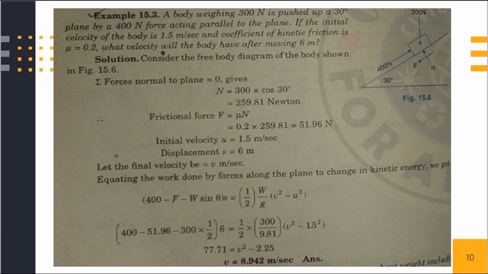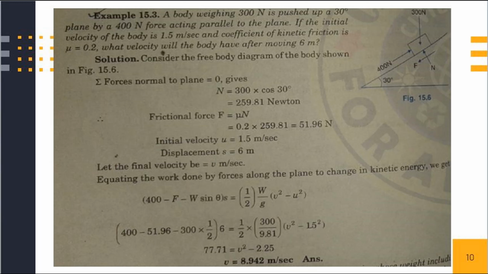Weight of the body is acting in the downward direction. As the body moves in the upward direction, the force of friction must be in the downward direction. Normal reaction N is perpendicular to the supporting surface. Now consider the free body diagram of the body shown in the figure.